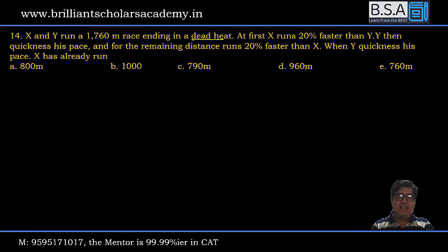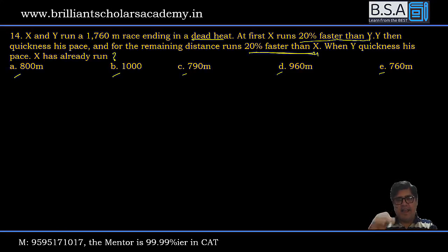At first, X runs 20% faster than Y. Then Y quickens his pace for the remaining race and runs 20% faster than X. When Y quickens his pace, X has already run 800 meters, 1000 meters, 790 meters, 960 meters, or 760 meters.